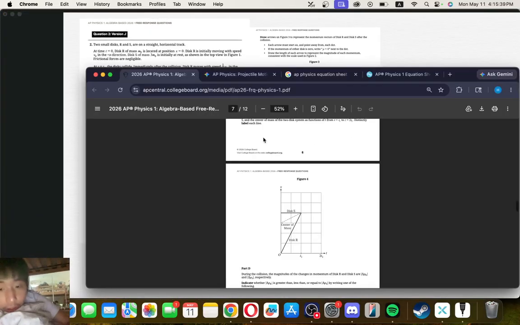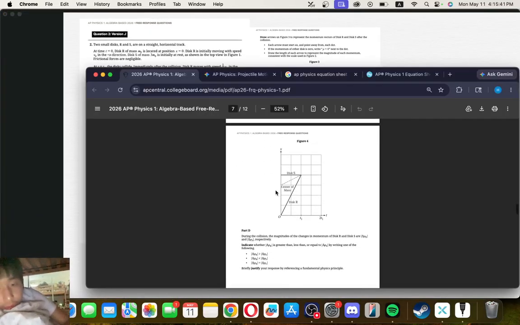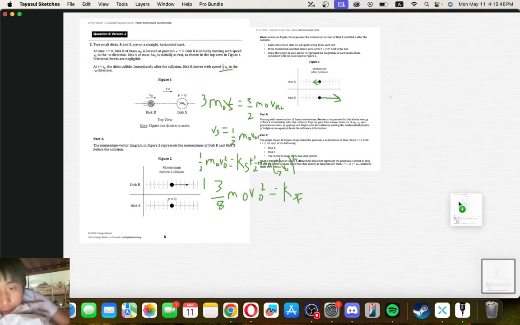The graph shown in figure 4. Oh, I forgot another screenshot. Oh my god. Okay.